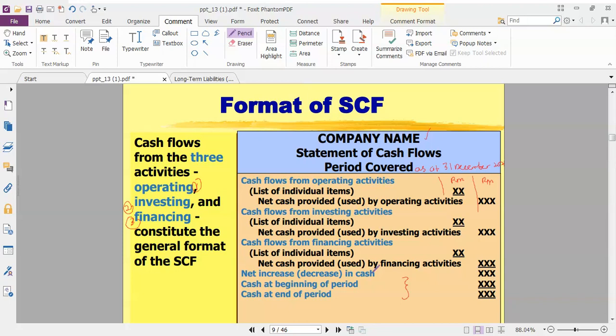Okay, net increase in cash, and then we must differentiate, compare the cash increase or decrease in the current period with the cash at the beginning of the period, and then we will get the cash at the end of the period. All right?